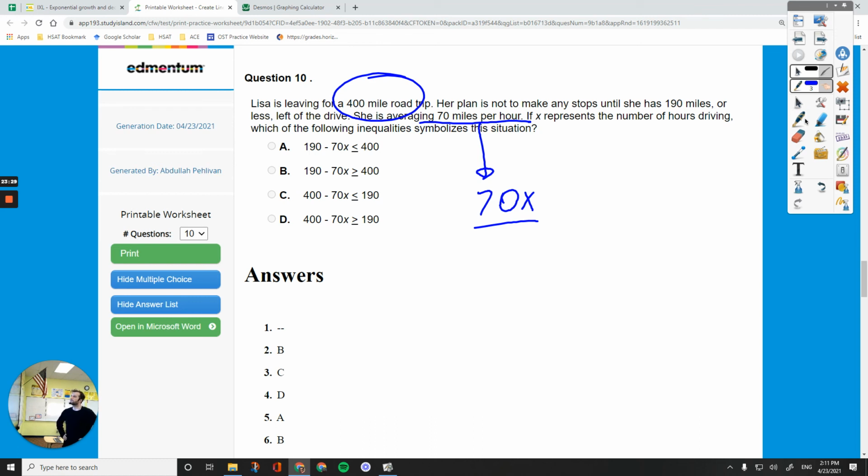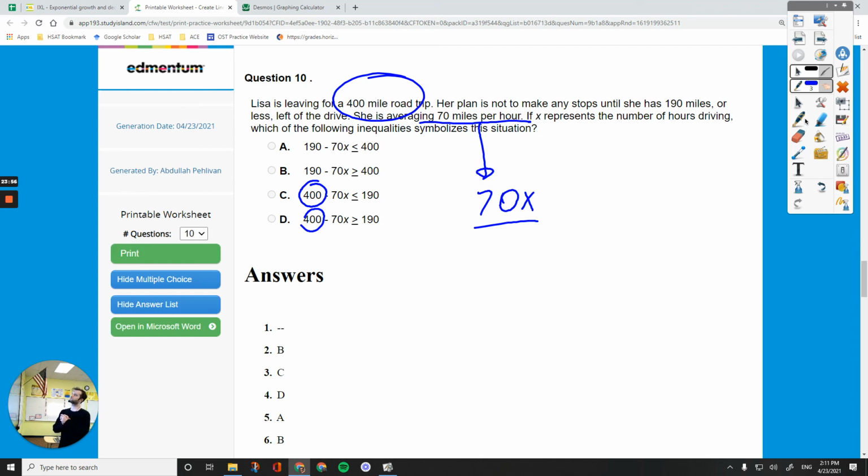Okay, let's see. The whole trip is 400 miles, right? She's going 70 miles per hour. The amount that is left is going to decrease. In an hour, she's going to have 330 miles left.